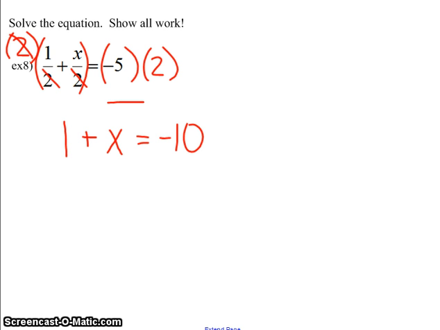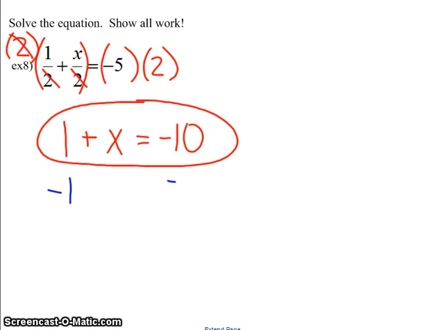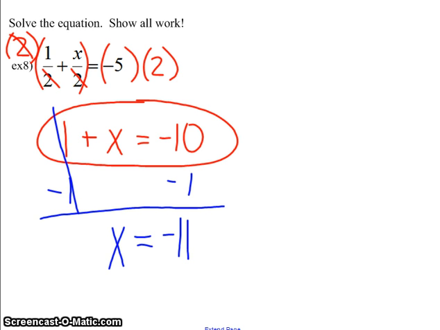And I think you would agree that this problem is much easier to solve for x than the given problem. So doing so, we need to undo the plus 1 by subtracting 1. x is alone. Negative 10 minus 1, negative 11. And we're finished.